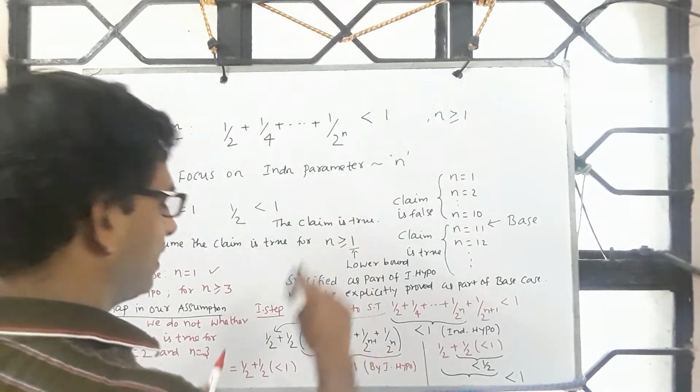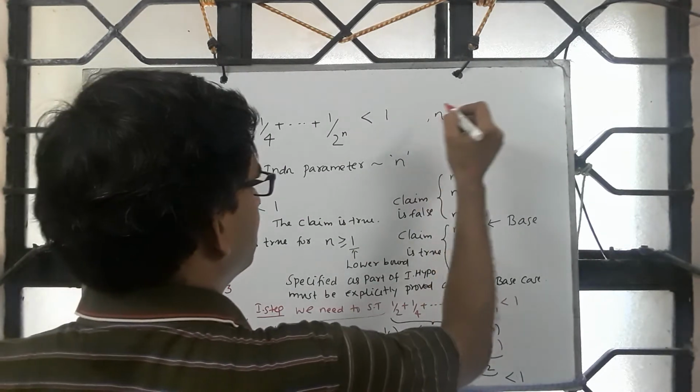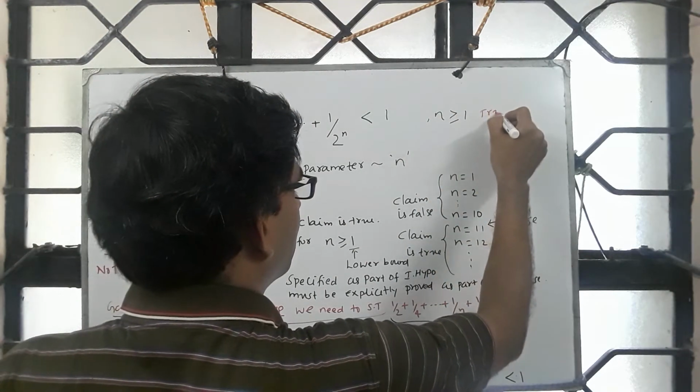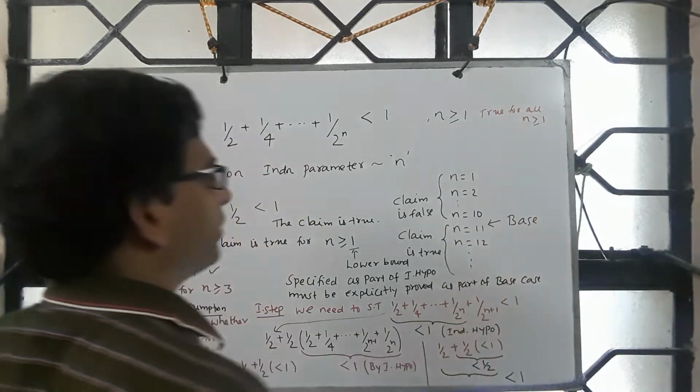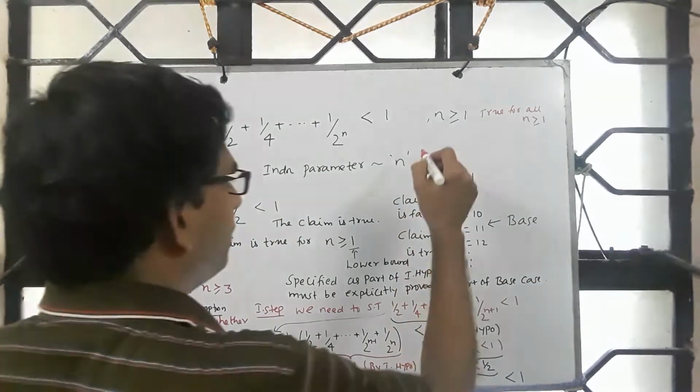That shows that our claim is true for all n greater than or equal to 1. So what did we do?